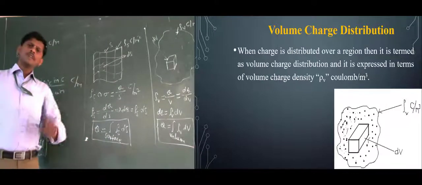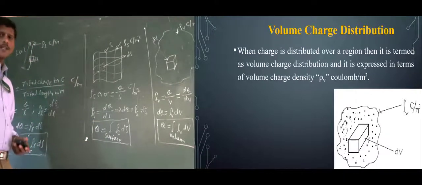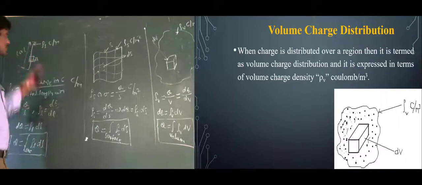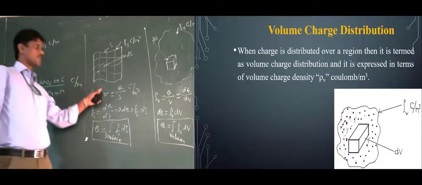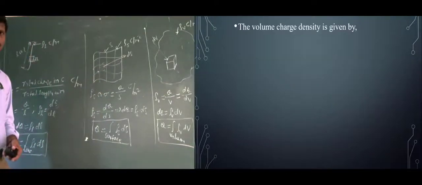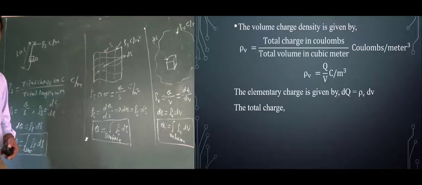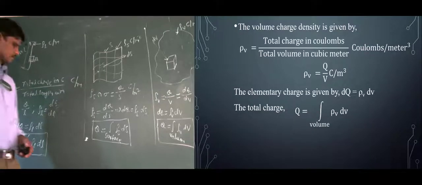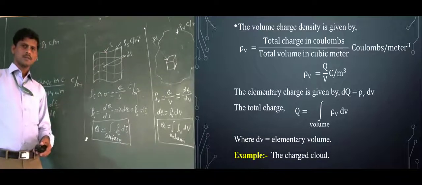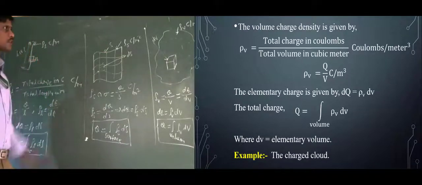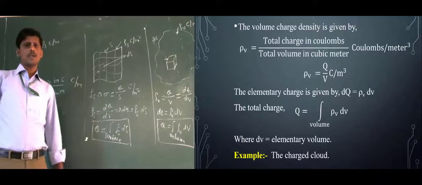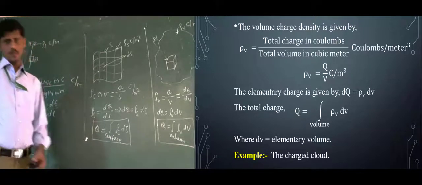So these are the different types of electrostatic charge distribution: line charge distribution, surface charge distribution and volume charge distribution. And a good example of volume charge distribution is a charged cloud.